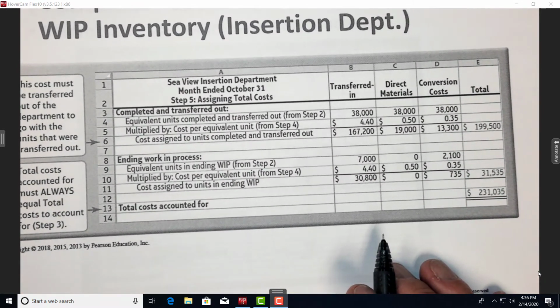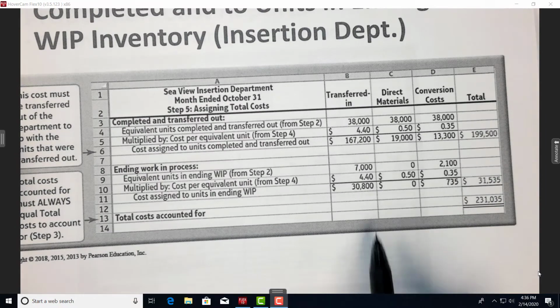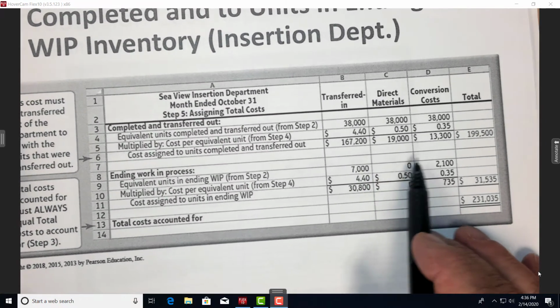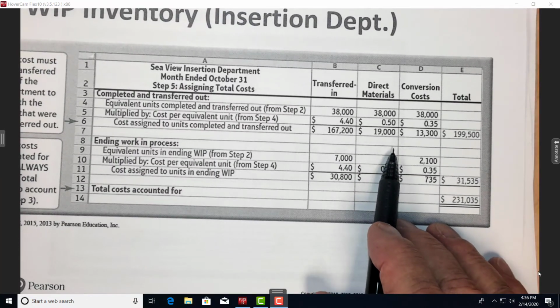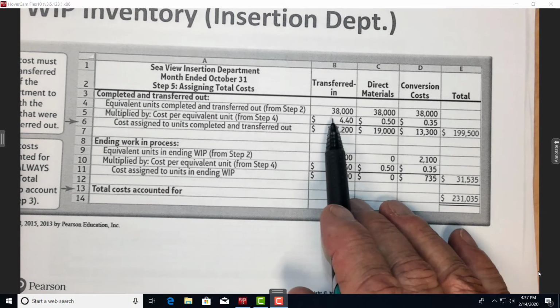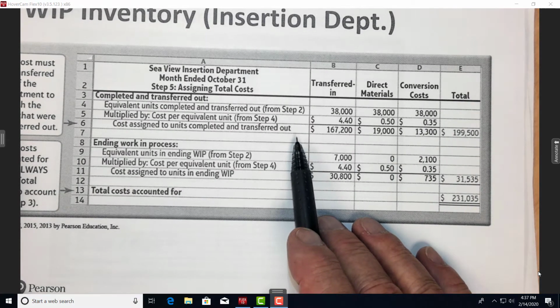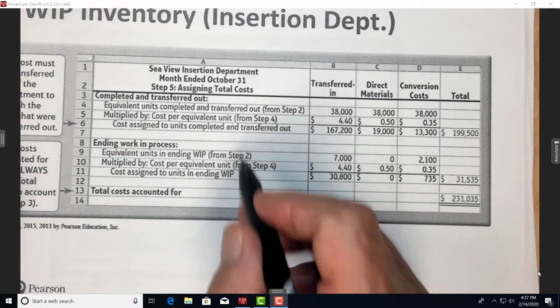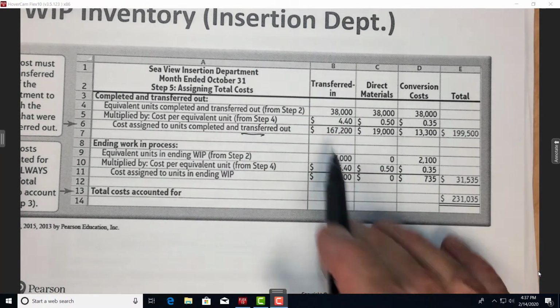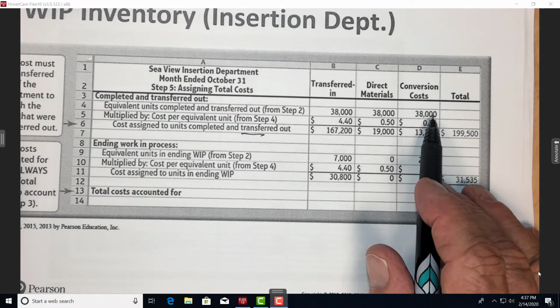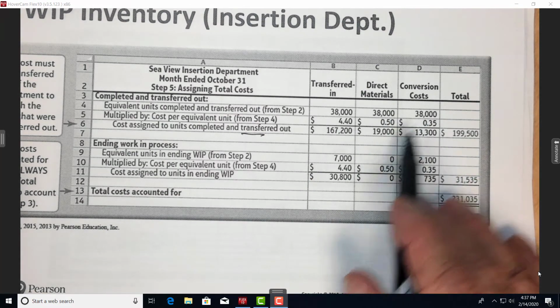And so if we were to look at this closer up, you can see that you calculated the cost per unit, then got the cost assigned to the units completed and transferred out. That's that 100% that you transferred out of direct materials and conversion.